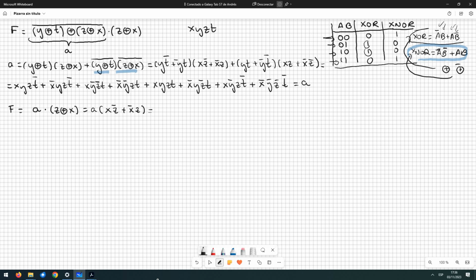So we apply again the distributive property of this XOR with all the term A. And we are going to have a lot of terms. We are going to have 1, 2, 3, 4, 5, 6, 7, 8 multiplied by 2, 16 terms. So you have to be careful because we can forget things. Just check what I'm doing because I'm human and I can make mistakes as well.